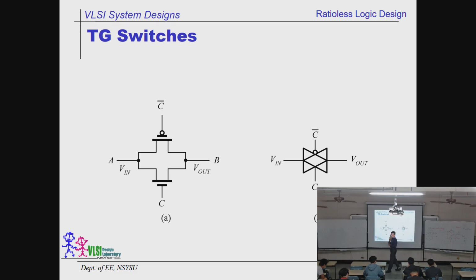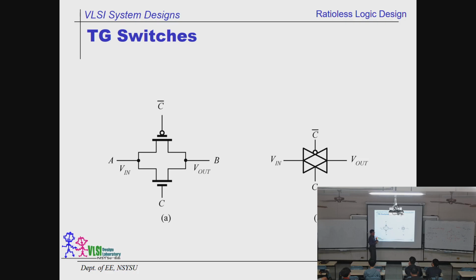Another alternative to take advantage of the NMOS and PMOS is switches. It's called the transmission gate. If we combine the NMOS and the PMOS together, when VIN comes over here, one of them is good at passing a high signal, with VDD, and one is good at passing a low signal.